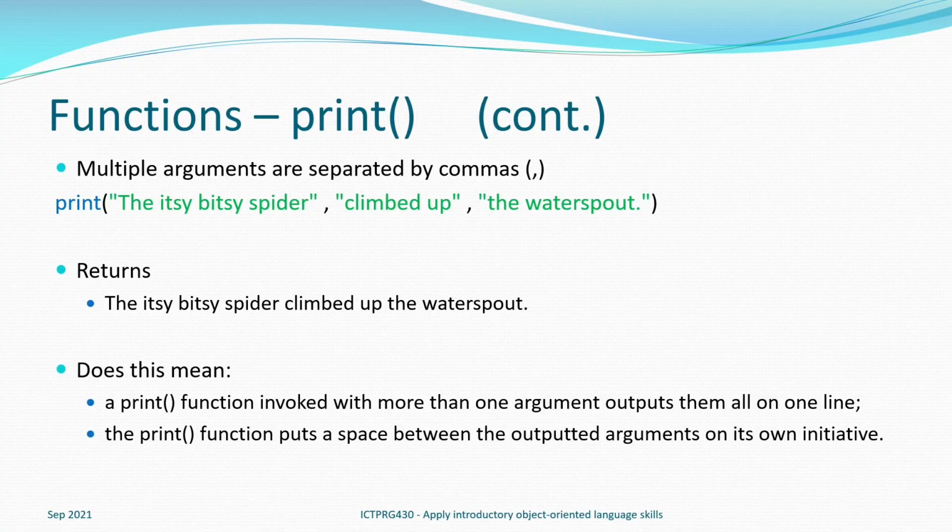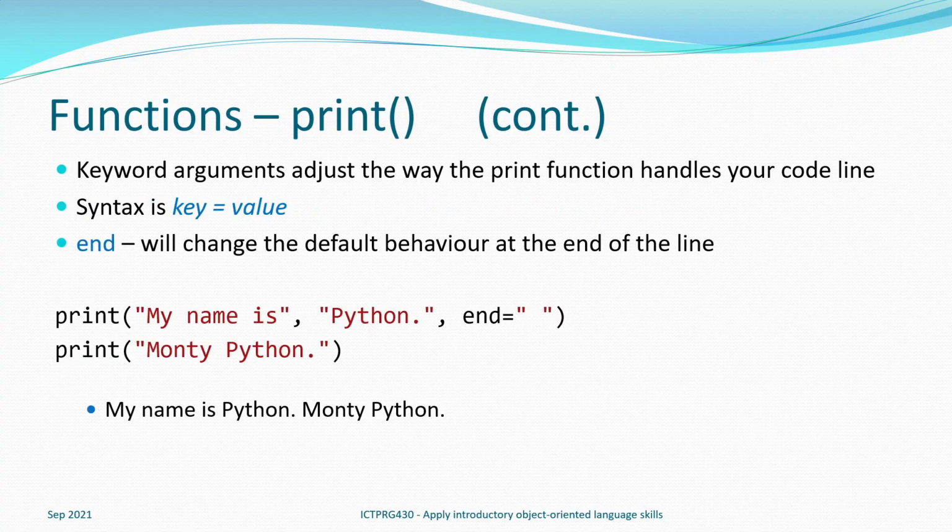So we can affect how that default view occurs. Using a key equals value argument at the end, we can affect how material is stitched together and how it finishes a line.